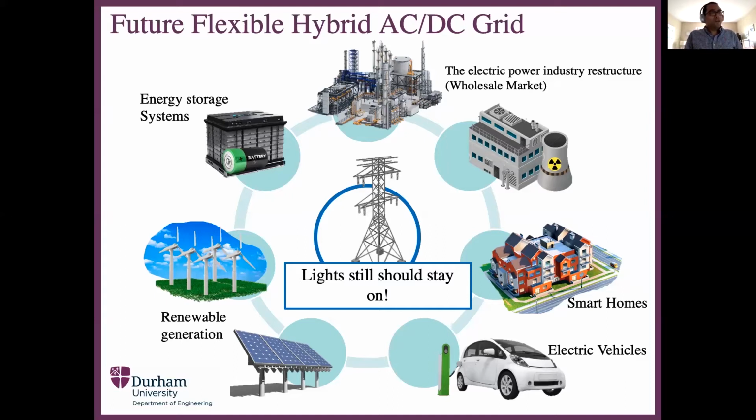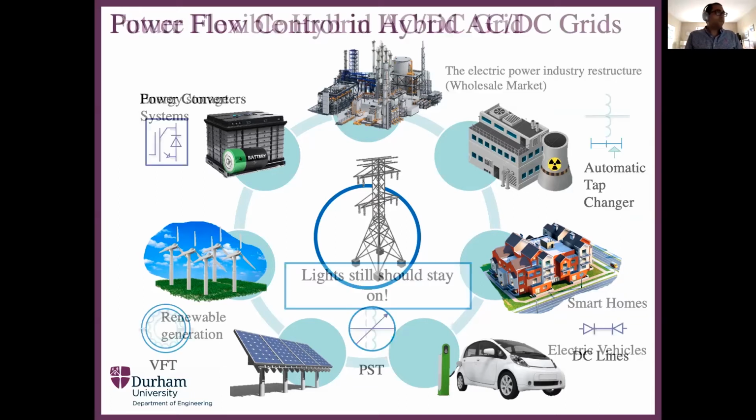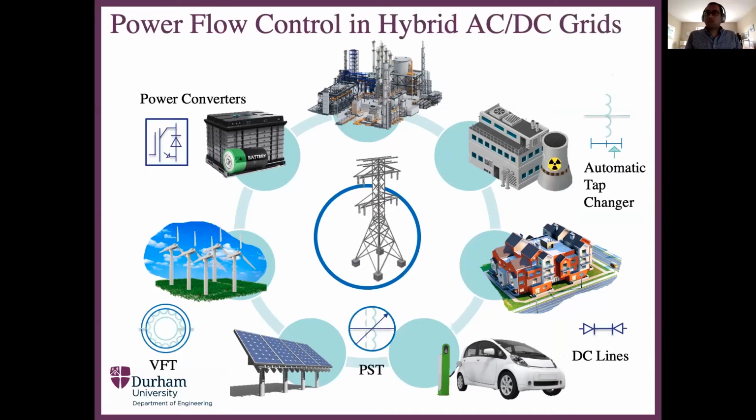Now, optimal power flow is the analytical tool, but the network operator and whoever owns the network also has actual hardware to address these new challenges. So the hardware that we have is mostly electronic based, what we call power electronics.